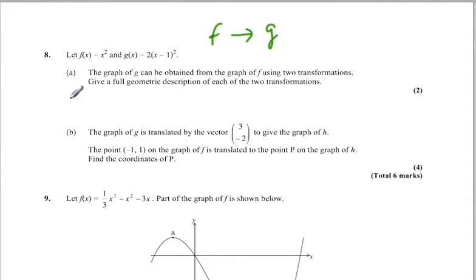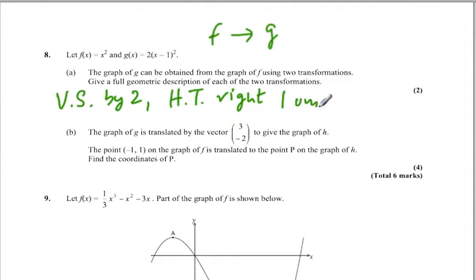So just by looking at that. I'm just going to write VS for vertical stretch, but remember, that's not how you should write it on a test. So a vertical stretch by 2 and a horizontal translation to the right by 1 unit, okay? It's a translation to the right by 1 unit because it's x minus 1.